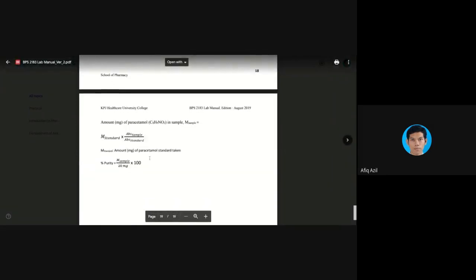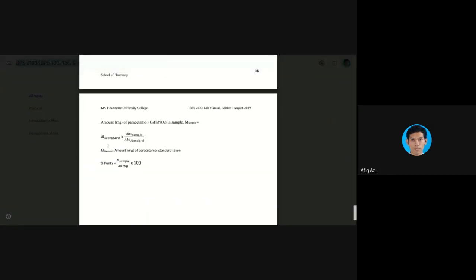Okay, and then to calculate the amount of paracetamol in sample, or M sample, it will be calculated using M standard times absorbance of sample over absorbance of standard. So M standard is actually the amount in mg of paracetamol standard taken.